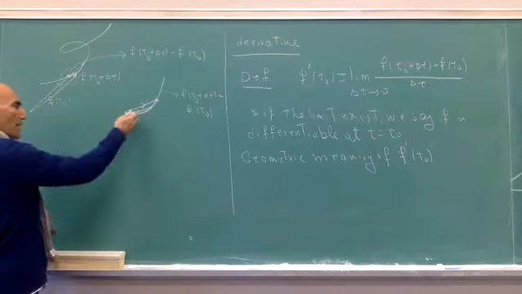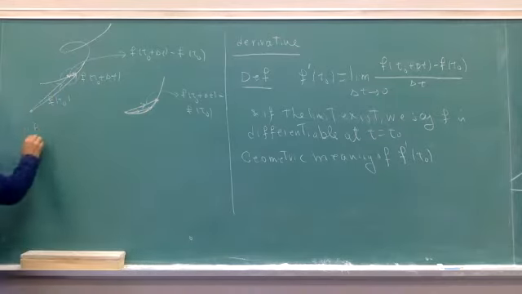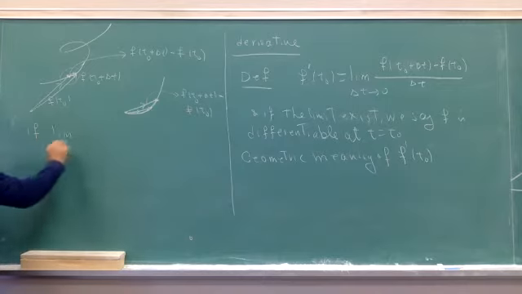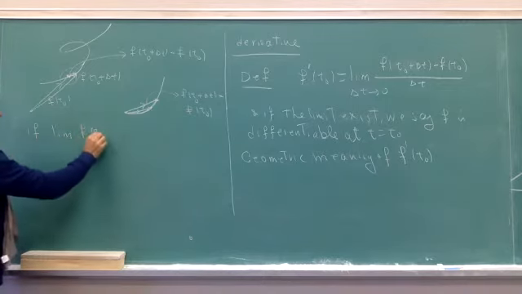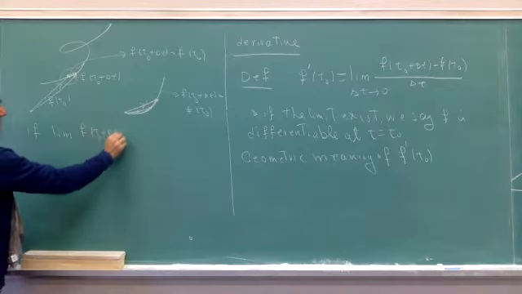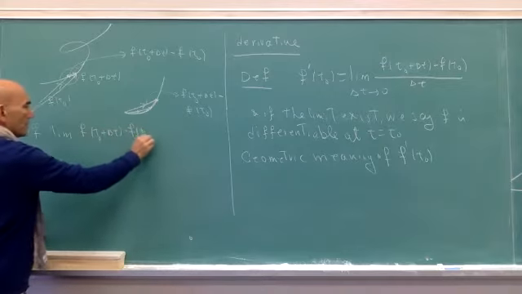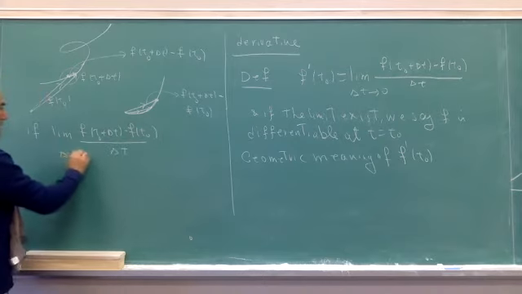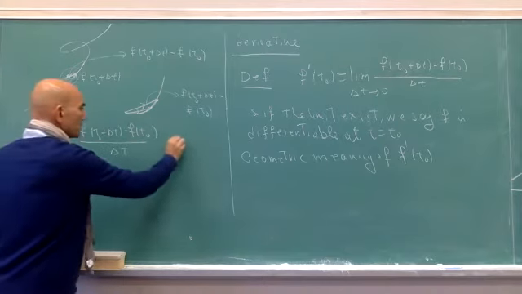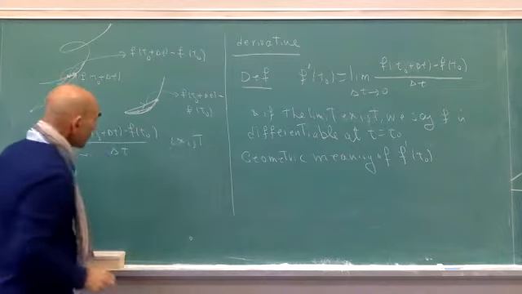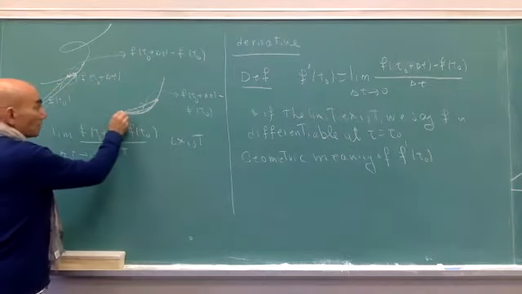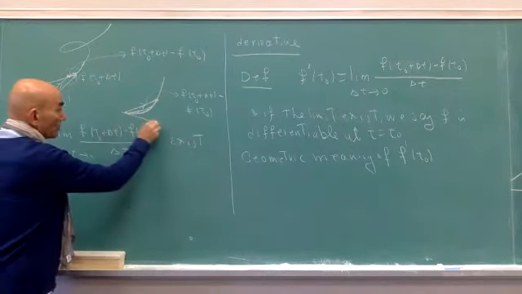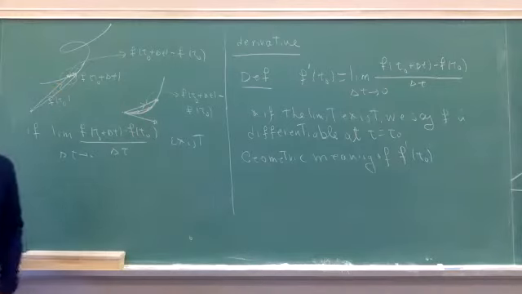So in the limit, if the limit of f of t0 plus delta t minus f of t0, divided by delta t, as delta t goes to 0 exists, then this is going to be a vector which is tangent to the line.